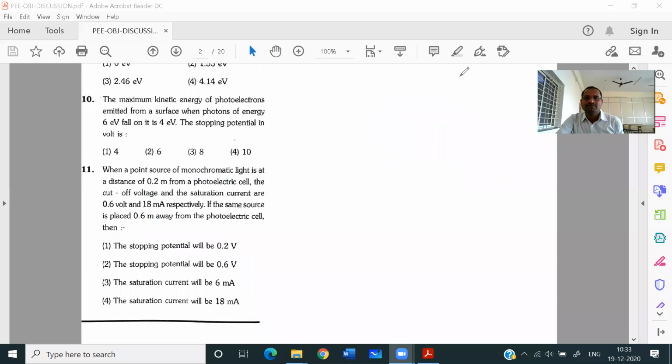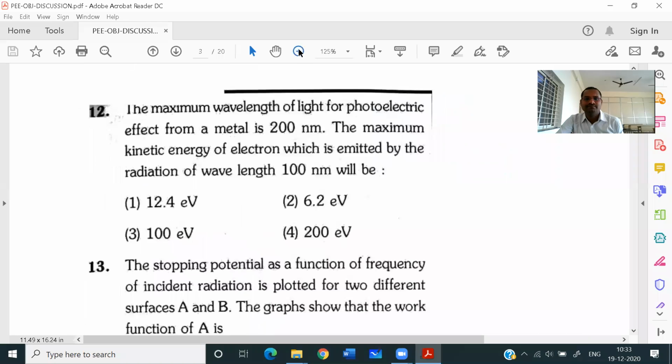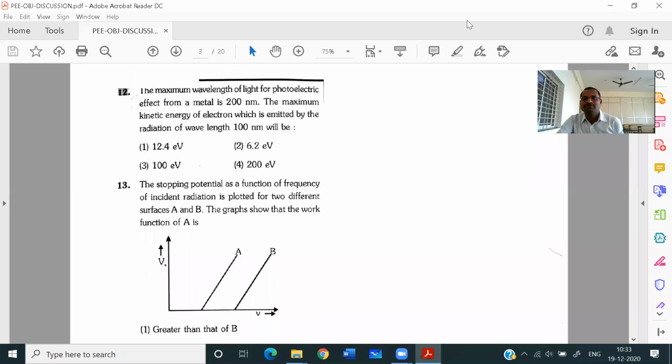Next, let us go to the 12th one. What have they given? See, the maximum wavelength of light for the photoelectric effect from a metal is 200 nanometers.